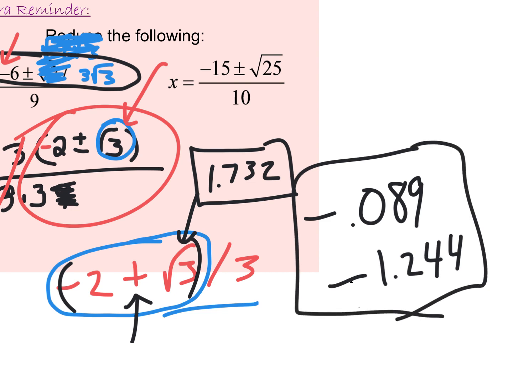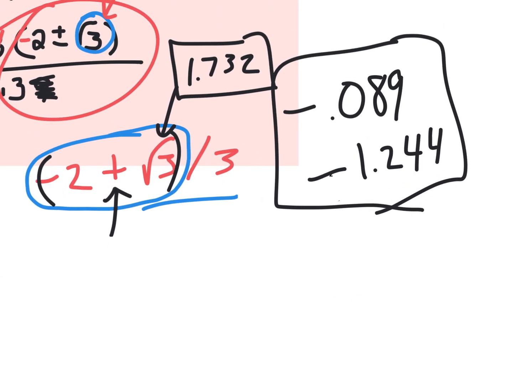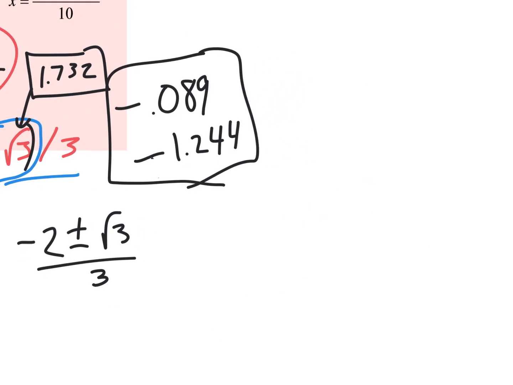Yes? Why do we need to know what the value of the square root was? Like why are we getting the decimal for it? Yeah. Okay, because for some people, when you look at this answer, which wasn't wrong, -2 plus and minus the square root of 3 all over 3, it's really hard for people to be like, where the heck would that be on the graph?